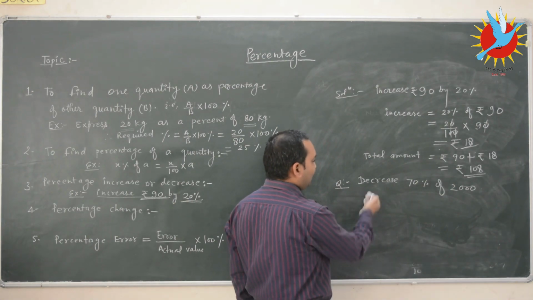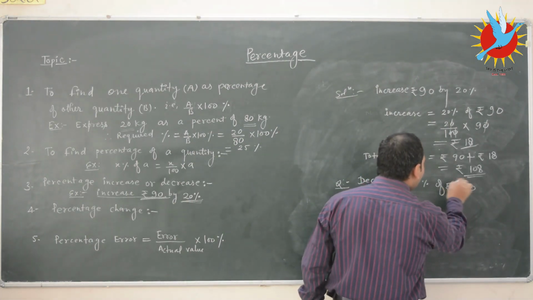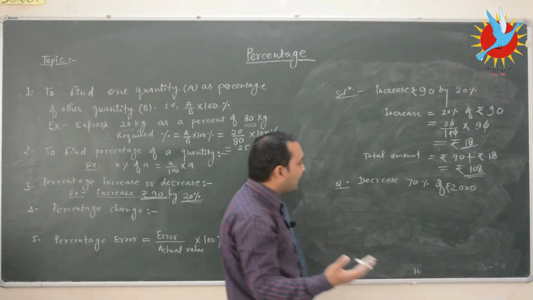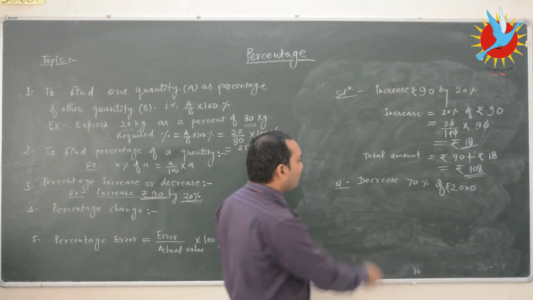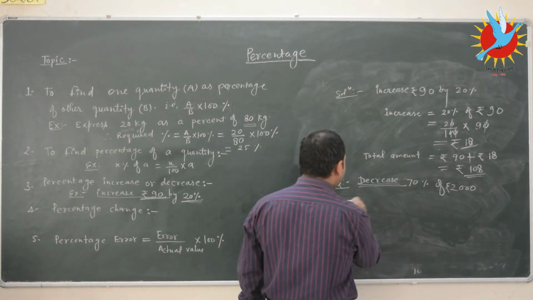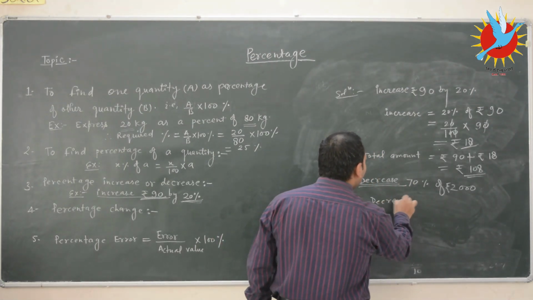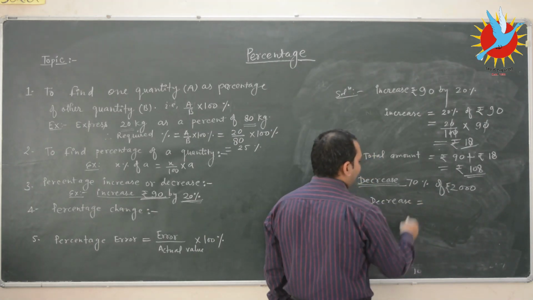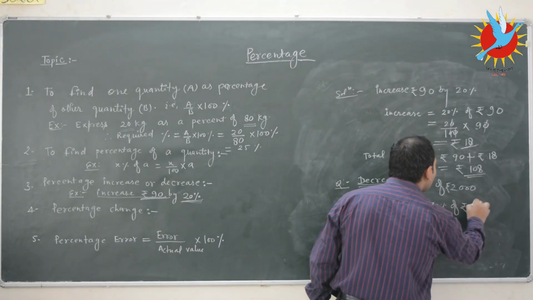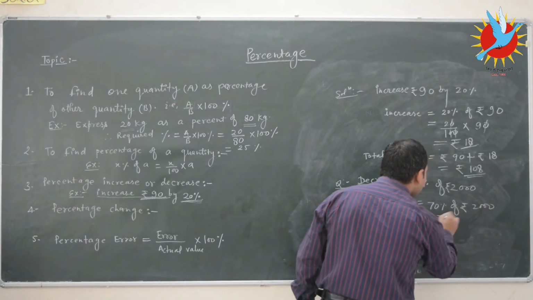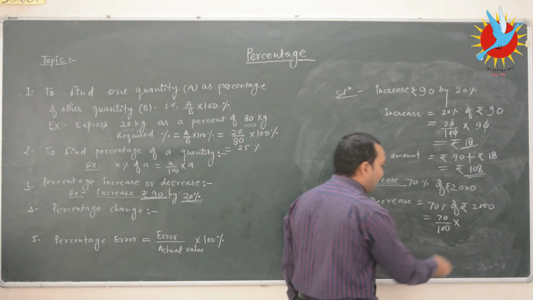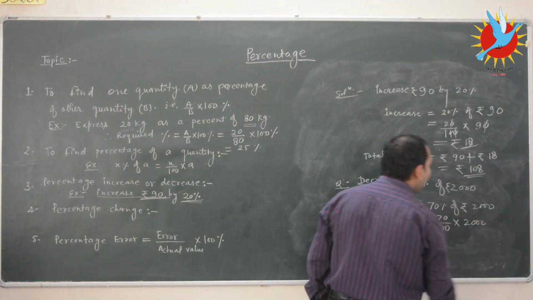If anyone has 2000 rupees and spends 70%, so how much is the decrease? So we find decrease is equal to 70% of rupees 2000, which is equal to 70 upon 100, and of means we multiply by the total amount, that is 2000.